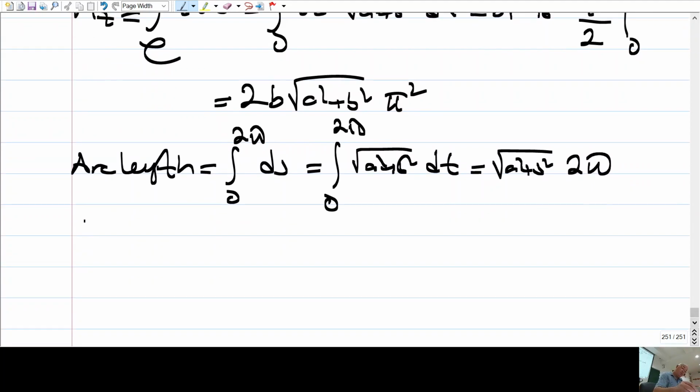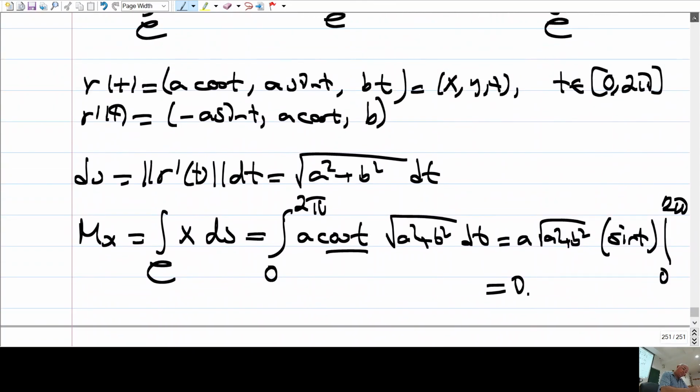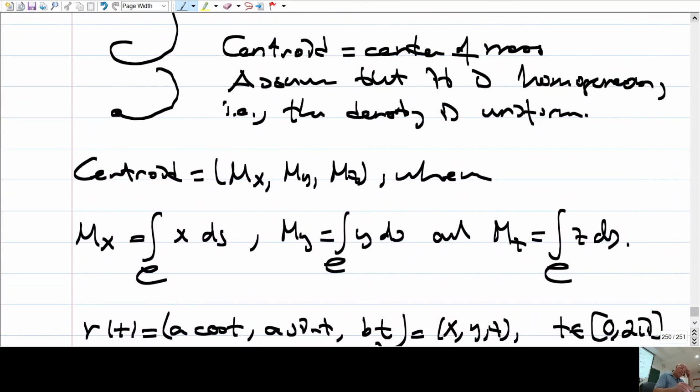So centroid is then, centroid bu değil de divided by arc length olacak.